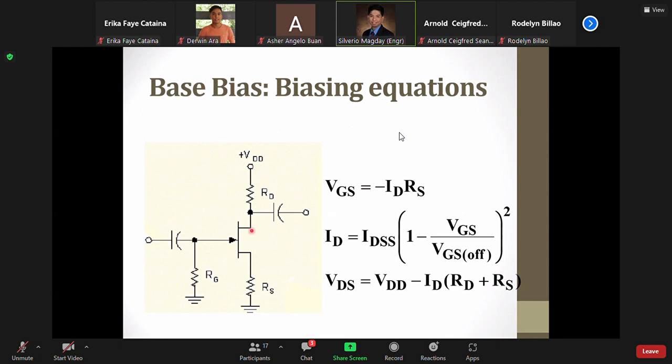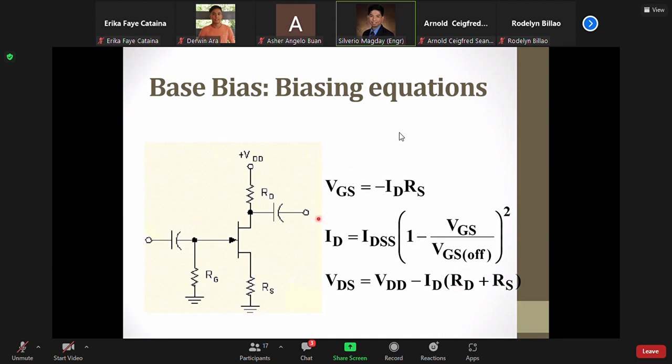Still your VGS, gate to your source, is your ID times your RS. Yun yung VGS. VDS, so ito lang din. Parang your IC is equal now to your IE din dito. Pero still ID lang yung tinitingnan natin dito, kasi IG is taken 0 nga, di ba? At operation dapat at 0 siya. Kaya minsan ID lang yung nasosolve dito.